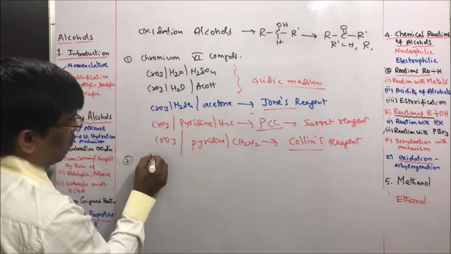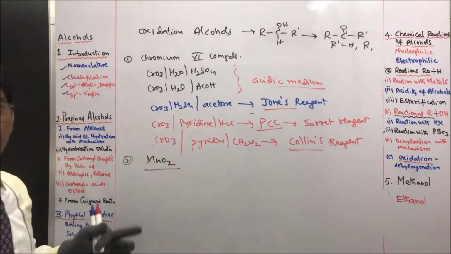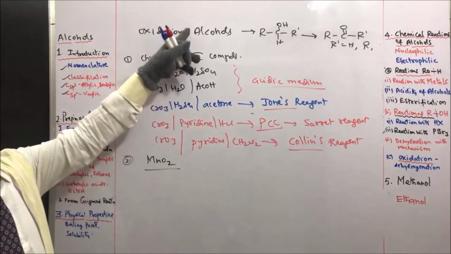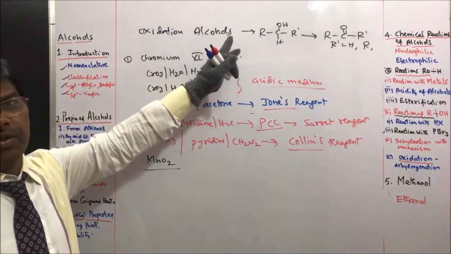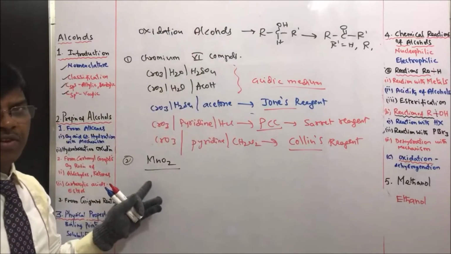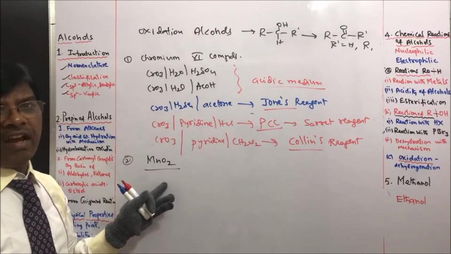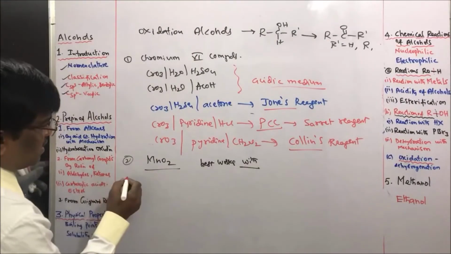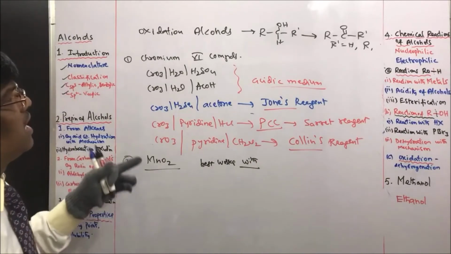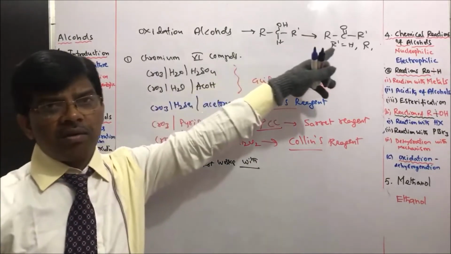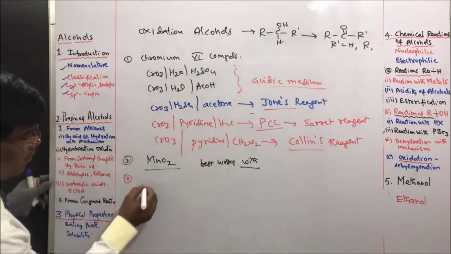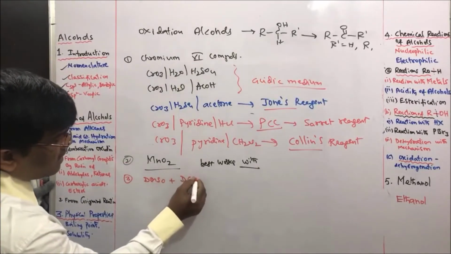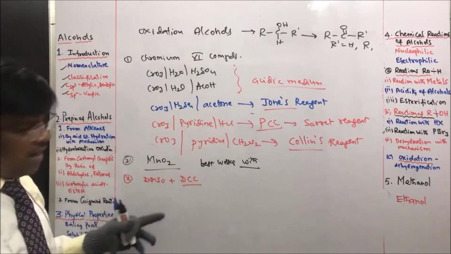This is one type of reagent, and the second type of reagent is MnO2. MnO2 oxidizes alcohols to aldehydes and ketones. Usually MnO2 works best with allylic and benzylic alcohols. The second category of reagents for oxidation of alcohols to carbonyl compounds is DMSO plus DCC. What is DCC?